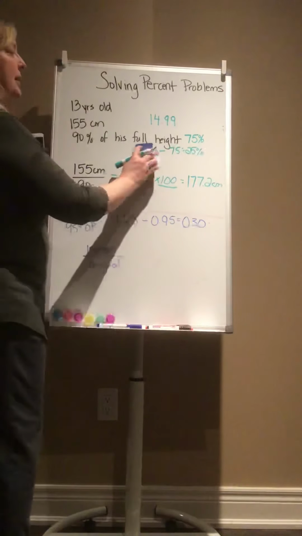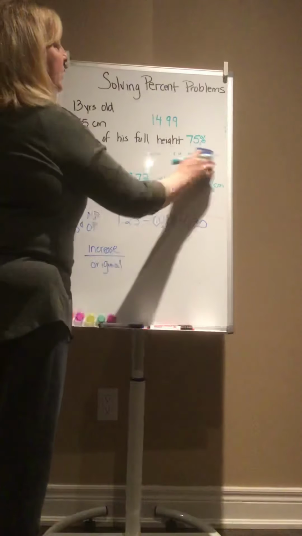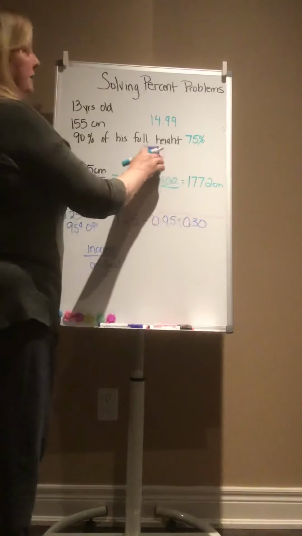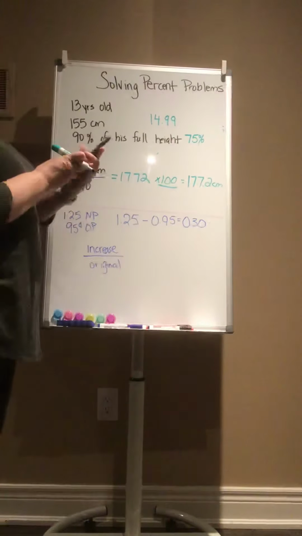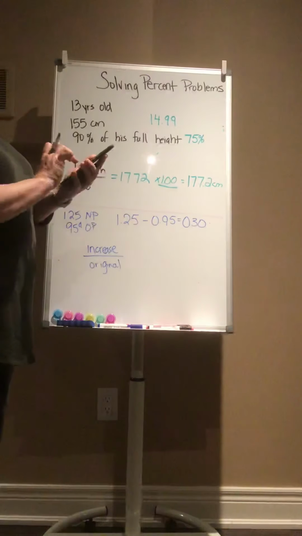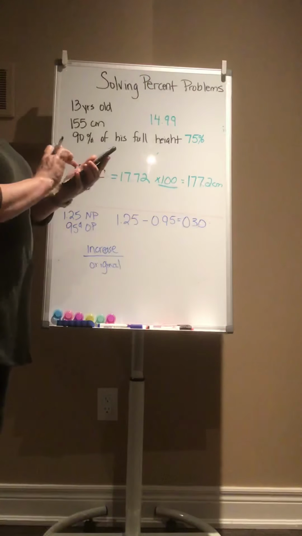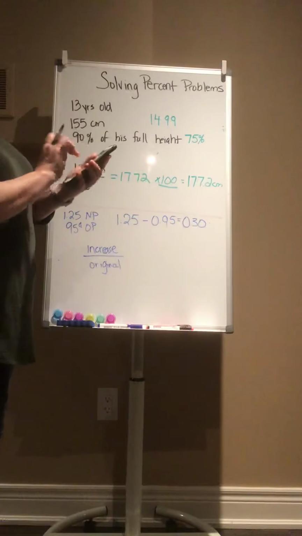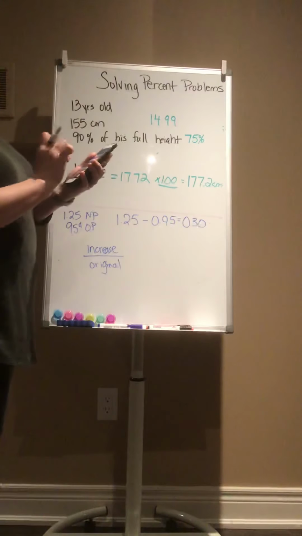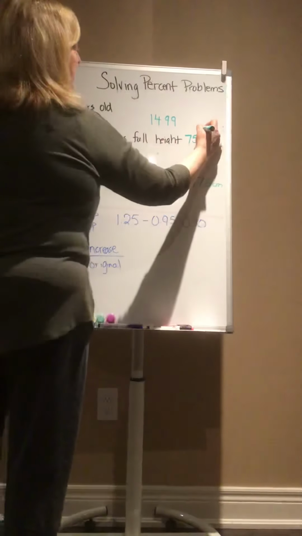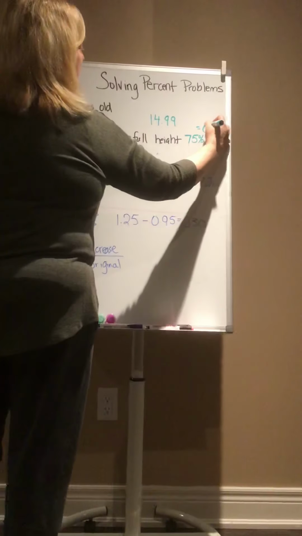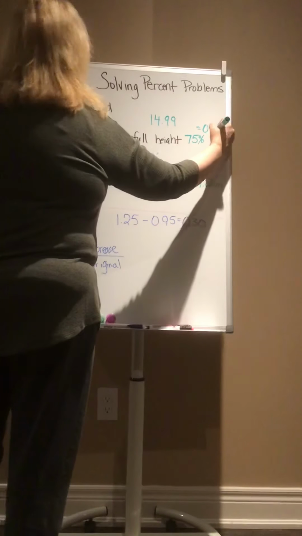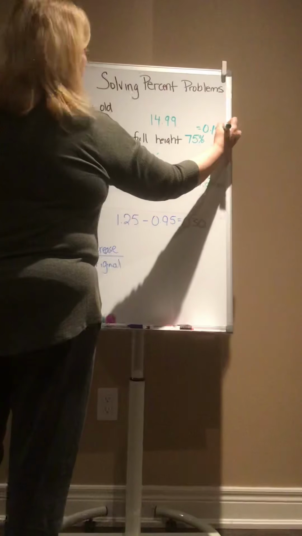And we do the exact same thing. $14.99 divided by 75 equals 0.199.